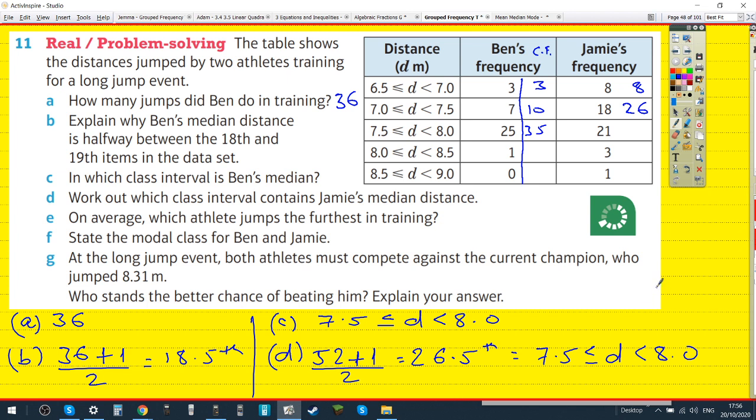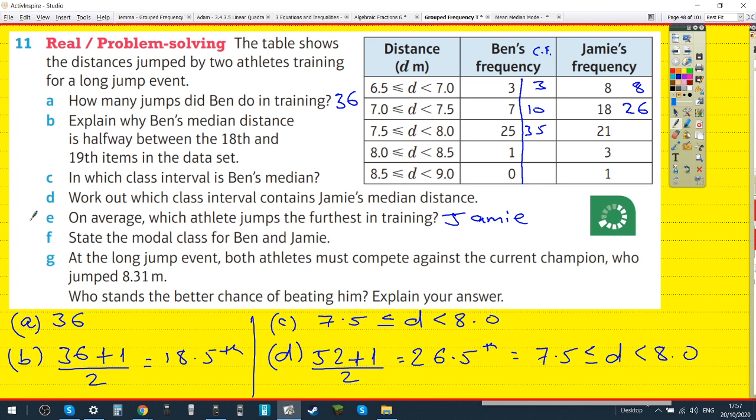Question E. On average, which athlete jumps the furthest in training? Is it Jamie? I'm not sure really. He jumped 8.5 to 9. So yeah, I suppose Jamie. And F. The modal class for Ben and Jamie.